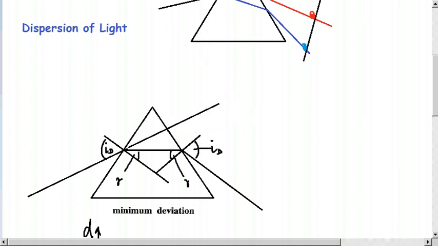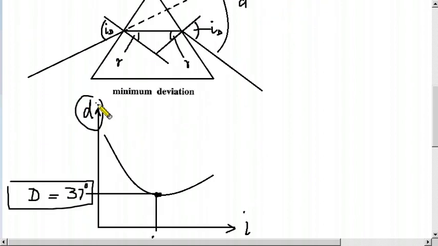So like this is the incident direction. The angle between the incident direction and the emergent direction is the so called deviation angle. So this one is the angle of deviation.